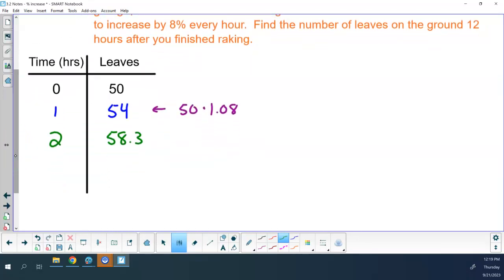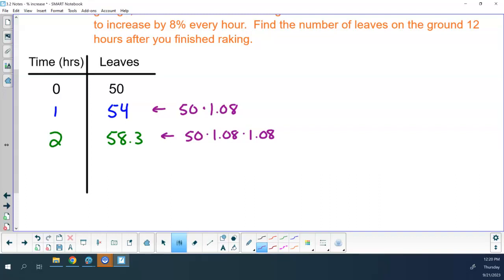We went with times 54, right? But 54 we already said was 50 times 1.08. So then you multiply that by another 1.08. Ooh, can we do that? No, that we can't do. Okay? But I got the same answer.